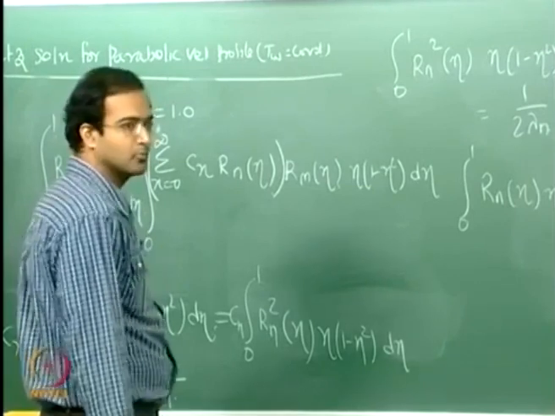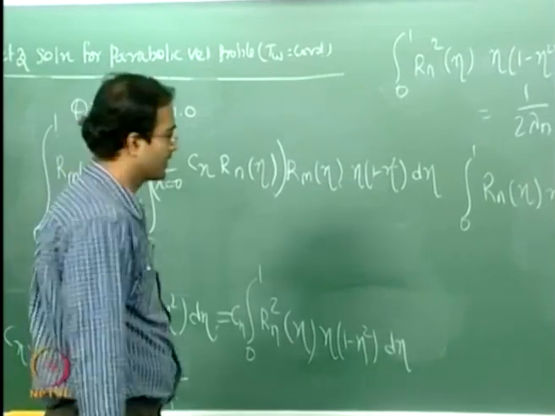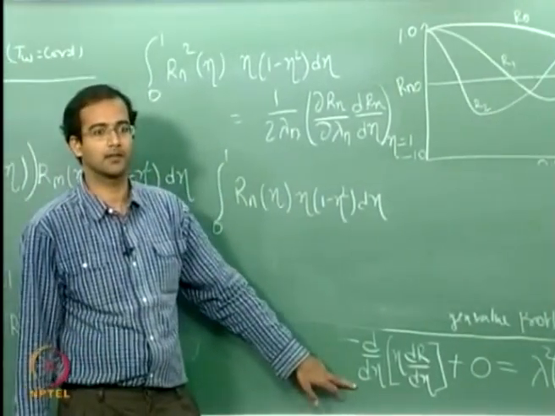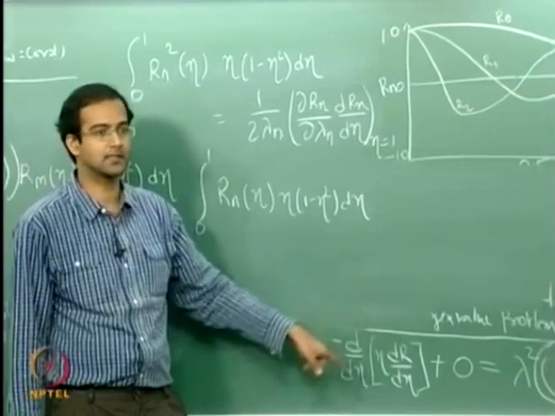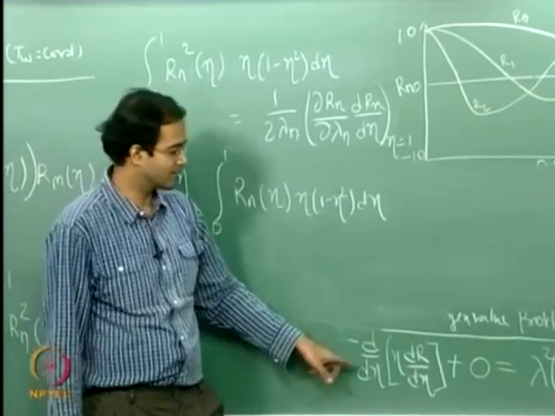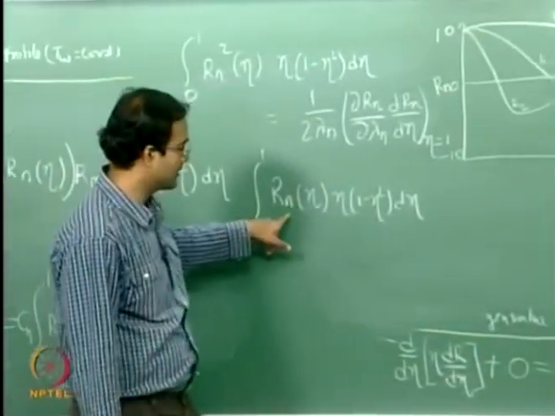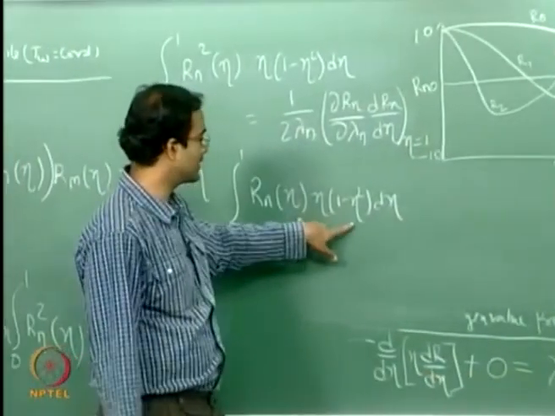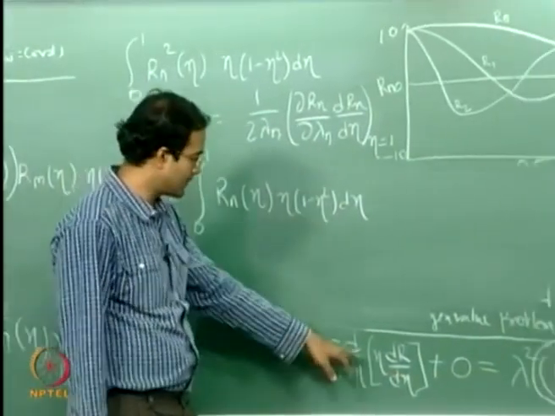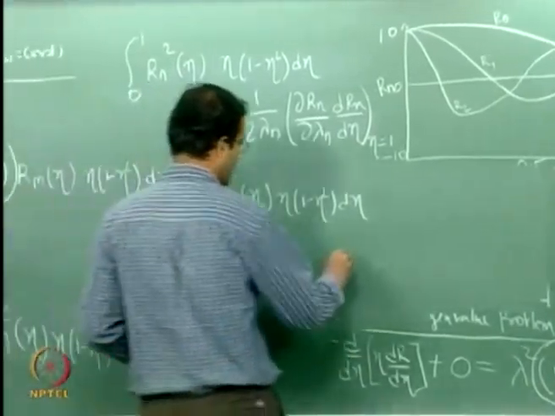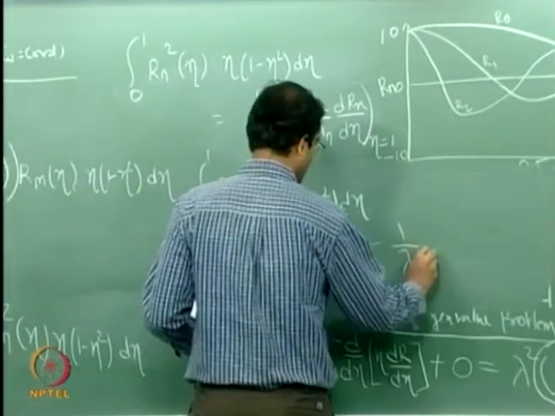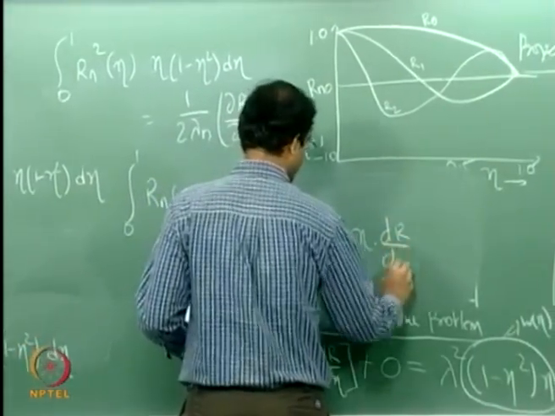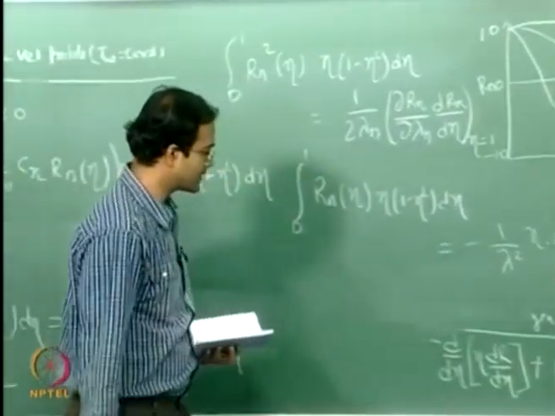You have a very nice clue. You have basically the eigenvalue problem here. From this, if you integrate both the sides, you have already R into eta into 1 minus eta square d eta, and this will be therefore on this side minus 1 by lambda square into eta into dR by d eta, and you are integrating between 0 and 1.